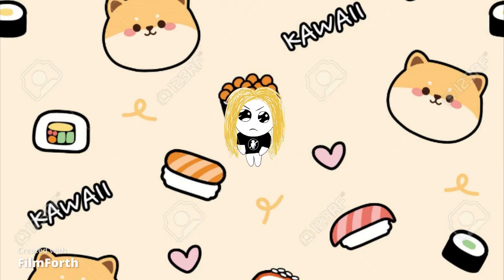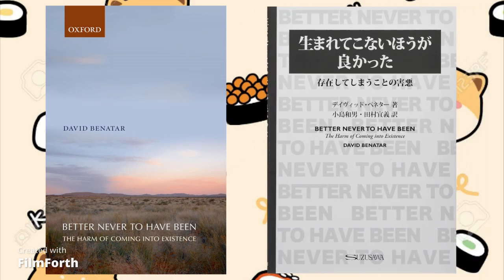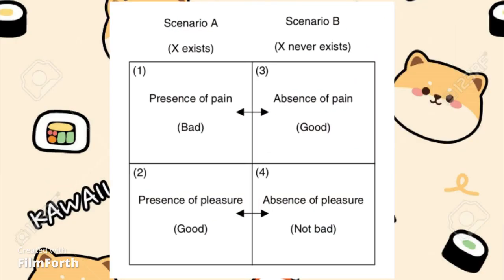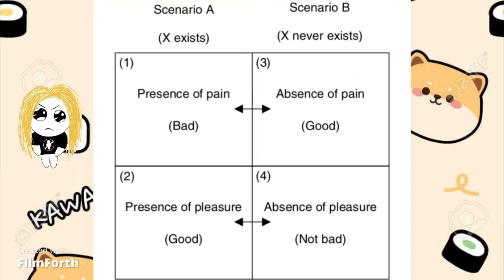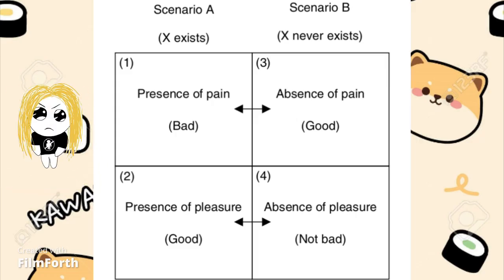This relates to antinatalism as one of the central arguments of David Benatar's book, Better Never to Have Been, which has been translated into Japanese as Umarete konai hou ga yokatta, is called the asymmetry argument. He argues that there is an asymmetry between the harms and benefits of the scenarios of existing and of never having existed.